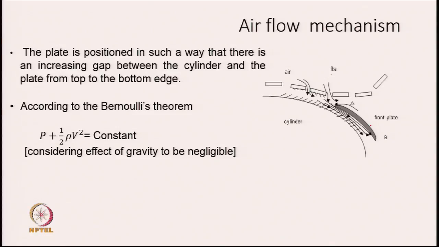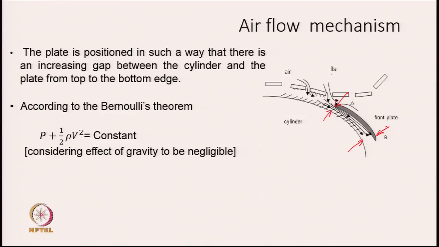The front plate is positioned in such a way that there is an increasing gap between the cylinder and the plate from top to the bottom. That is, the gap here between the plate and the cylinder is a little less than the gap which is there at the other edge of the front plate. So, the top front plate, this is the forward edge, this is the backward edge. The gap here is a little less, the gap here a little more.